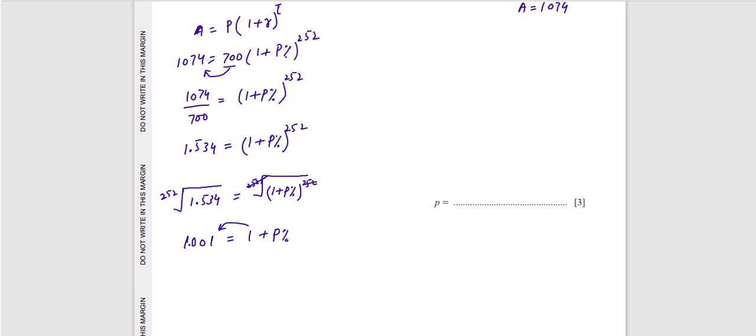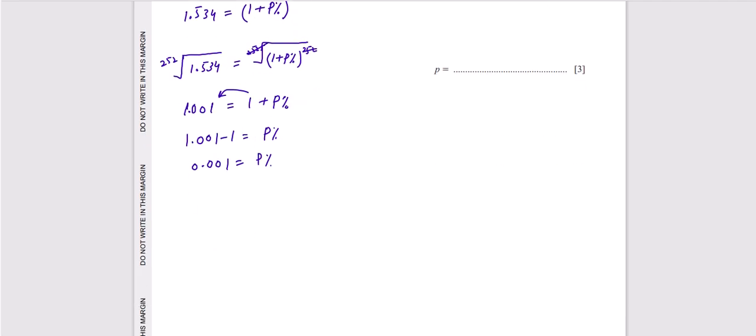One shifts to the other side, it becomes negative. 1.001 minus 1 is equal to P percentage. So 1.001 minus 1 is equal to 0.001 is equal to P percentage.